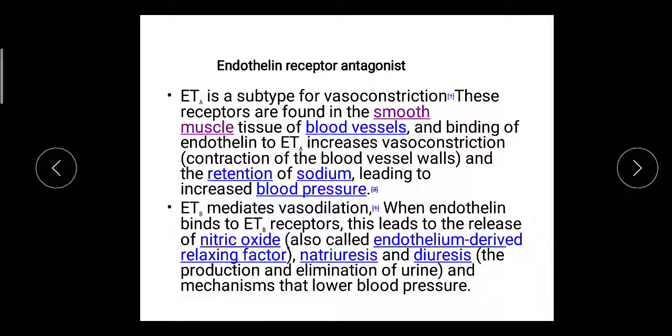In total, this causes a decrease in pulmonary vascular resistance, meaning a decrease in vasoconstriction and thus vasodilation, which is used in the treatment of CHF, congestive heart failure. So endothelin receptor antagonists are competitive antagonists of endothelin at the ET receptor subtypes ETA and ETB.